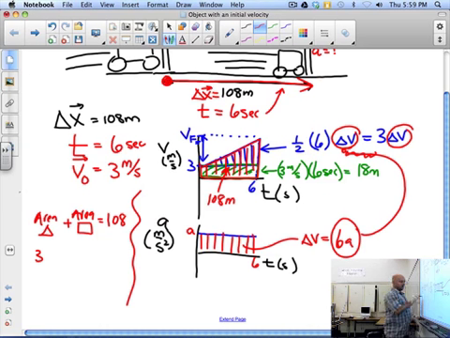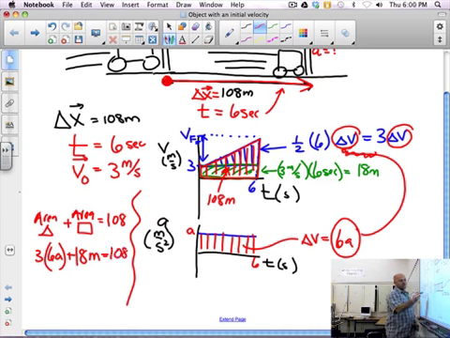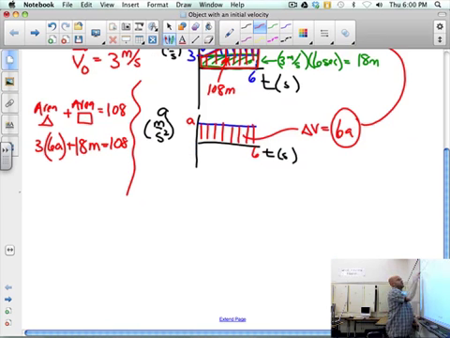So I got 3 times 6A, which is my acceleration, plus the area of my rectangle, which looks like 18 meters. Together, that has to be added to make 108, and that's meters, obviously. So then 18A, that's 18 times my acceleration, plus 18 meters has to equal 108.